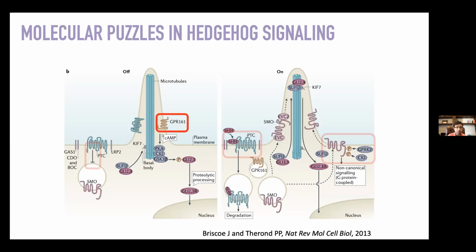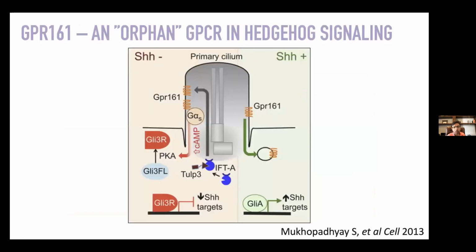The last thing I wanted to highlight, that's again all unpublished work, is our work to try to understand an important negative regulator of the pathway. This is a molecule called GPR161. About 8 or so years ago, the lab of Peter Jackson at Stanford and really Saikat Mukhopadhyay discovered that this orphan receptor GPR161 is a really important negative regulator of the pathway.